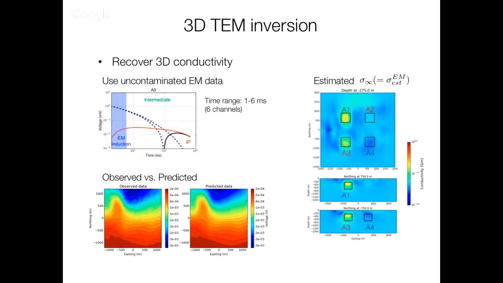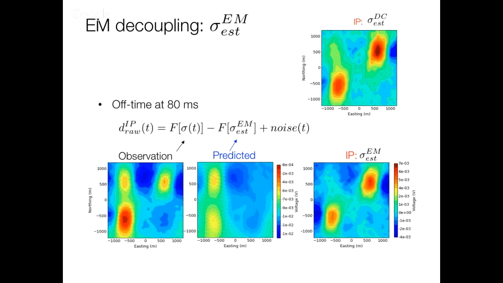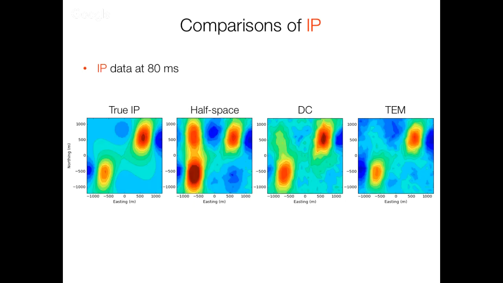So I've actually pulled out the conductivity of this first block really quite nicely, and I've got resistors. So if I do the EM decoupling with that, now I get this as the fundamental. Subtract that from that, and I get this. So this is actually the best result so far. We've got 2 chargeable blocks there, and we pretty much have got rid of this other quantity here, which was a bit of an artifact.